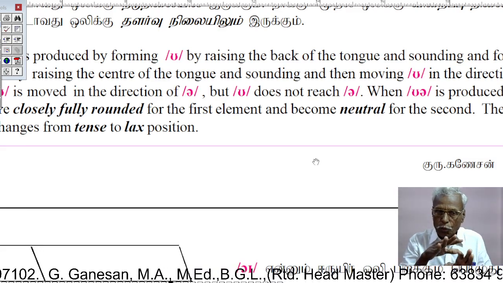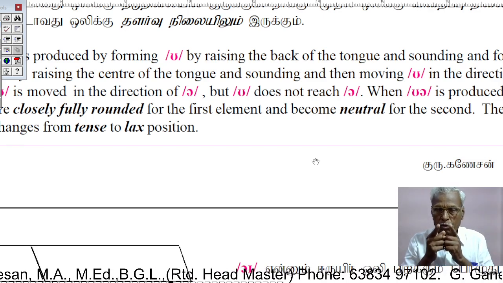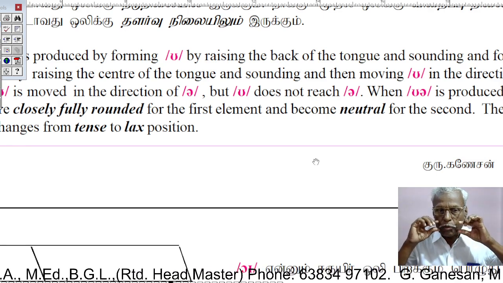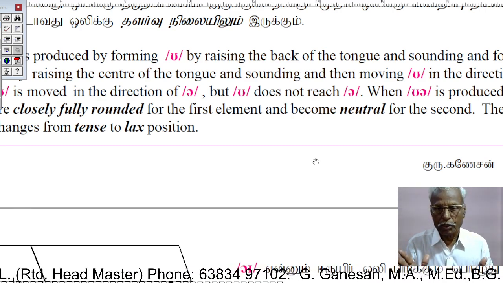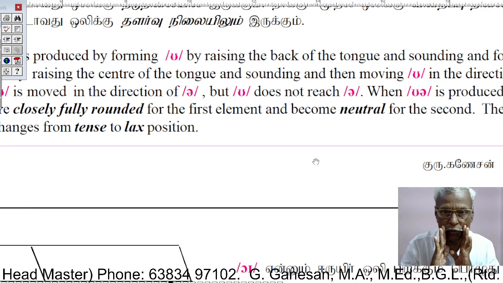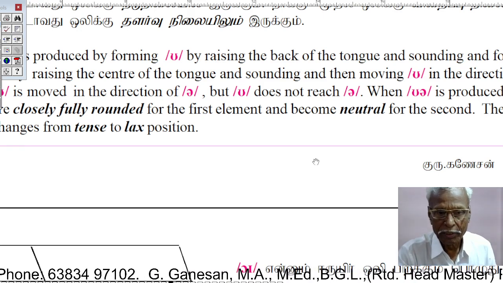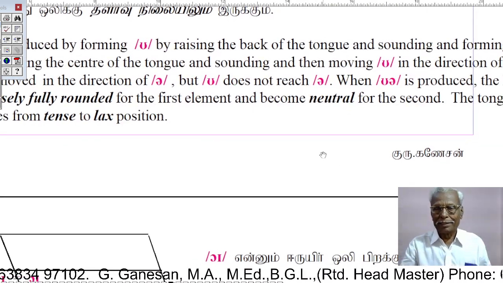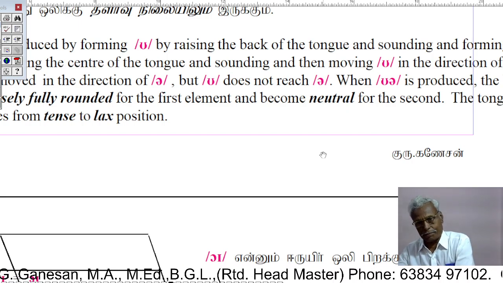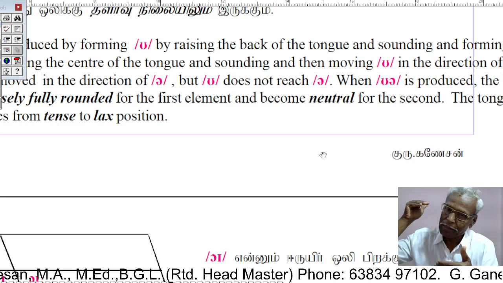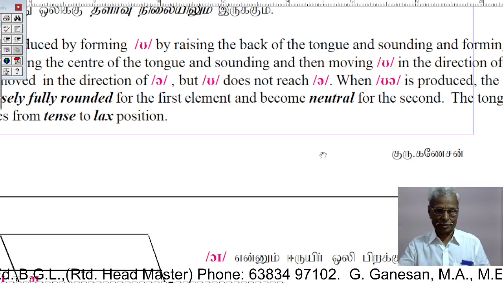The lips are closely fully rounded for the first element, that is for U, and neutral for A. The tongue changes from tense position to lax position. That is, the tongue is tense for U and lax for A.